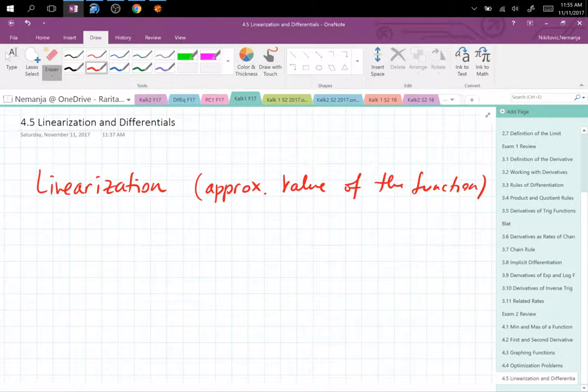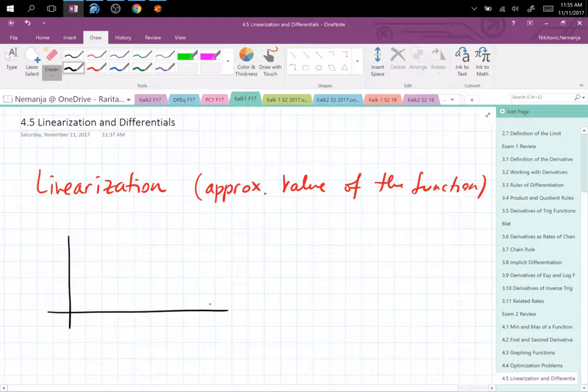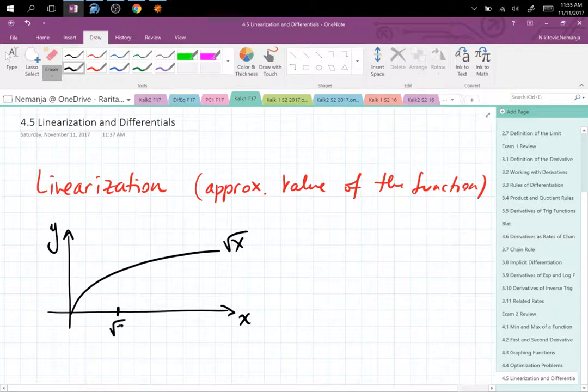So what is this linearization all about? We realize that it's much easier to compute in a linear function, y equals mx plus b, than in whatever other function you have. Say you observe the square root of x function, and you want to compute square root of 3.